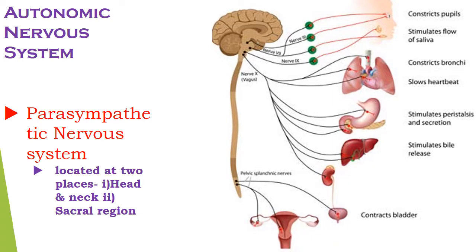Blood vessel: sympathetic constricts the blood vessel except coronary, which it will dilate, and parasympathetic will dilate the blood vessel except coronary, which it will constrict. So exactly opposite action. Please tick mark a few important organs: heart, blood vessel, lungs, pupil of the eye, salivary gland, and body as a whole. These many you have to remember from the exam point of view.